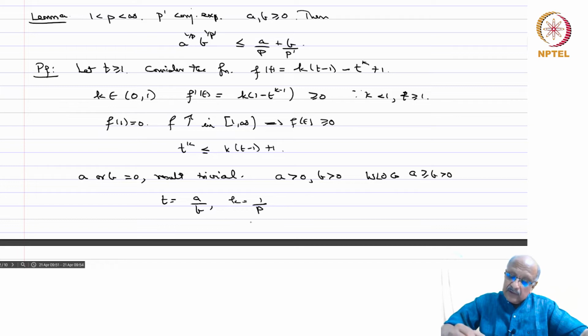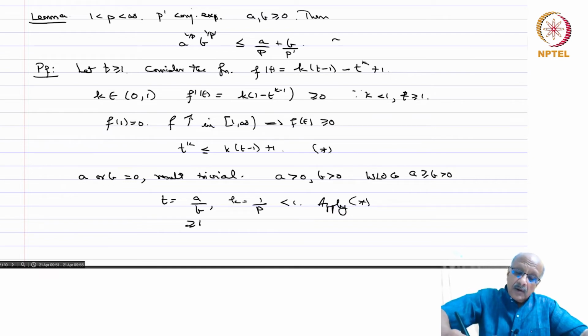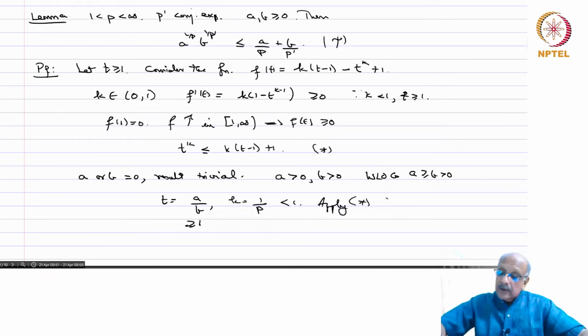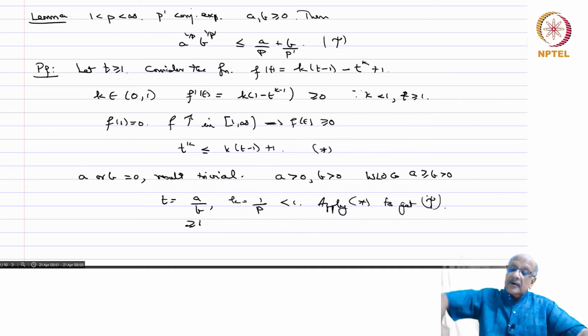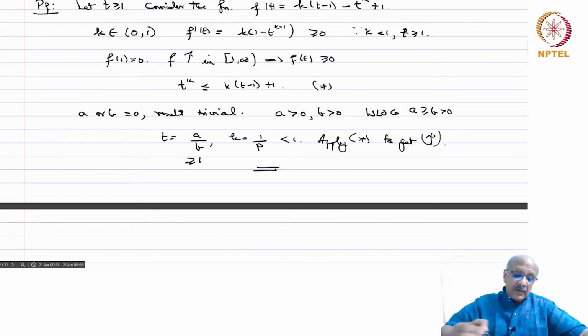So this will be less than 1 and this will be greater than or equal to 1, and then apply star. So star is this inequality, and you will get the result. Okay, so this is a proof of a very useful inequality.